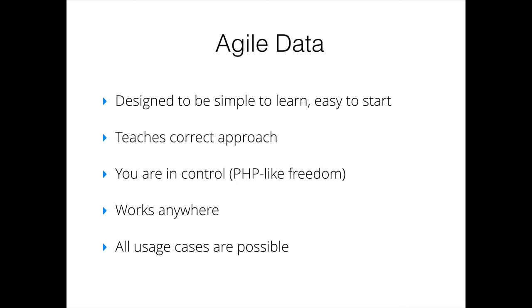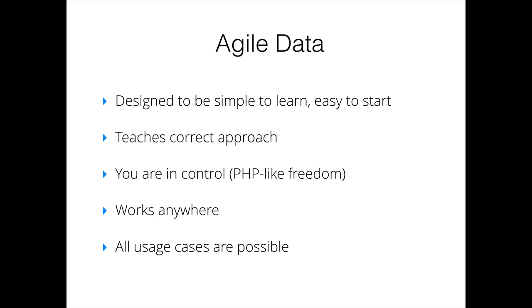I would want Agile Data to be so simple that new developers could just start using it, and it will be very easy to explain, and you'll see it later. It needs to teach the correct approach from the very beginning.